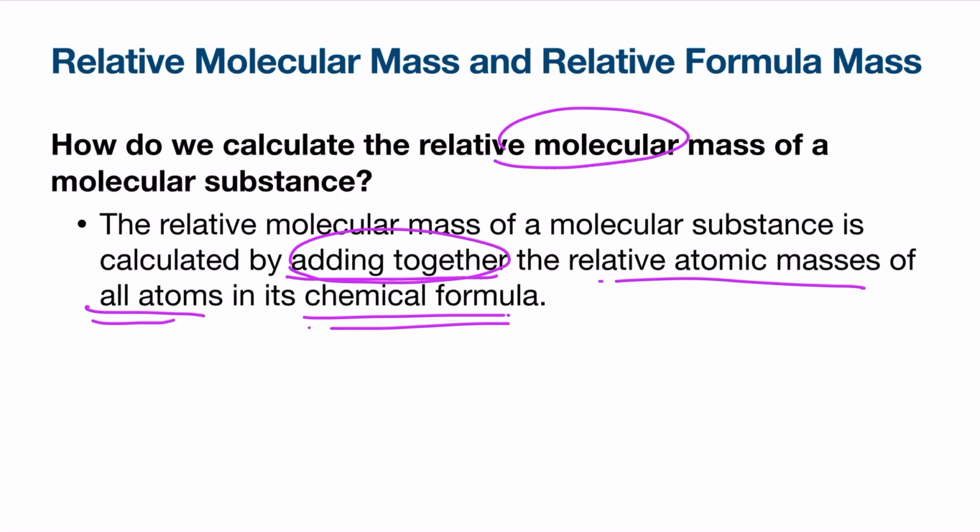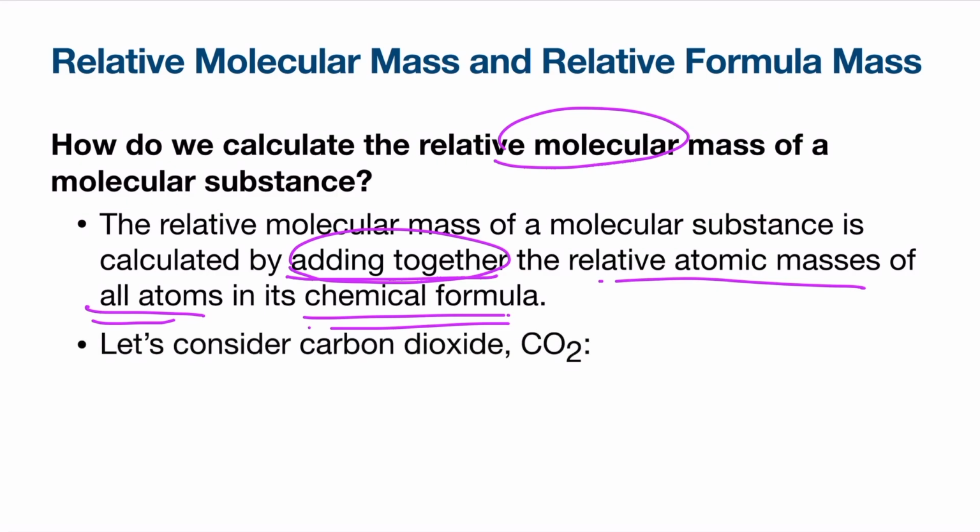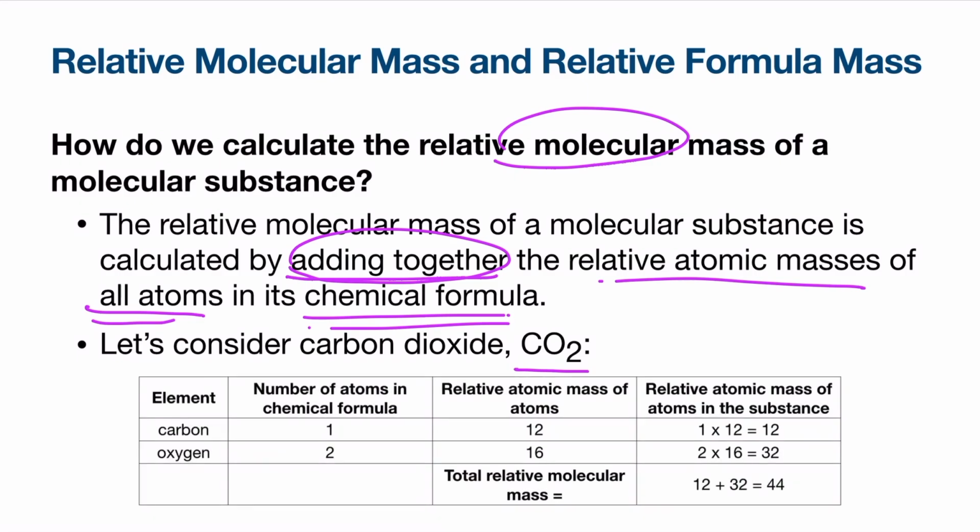Now let's try to consider carbon dioxide, which has a formula of CO2. As we can see in this chemical formula of carbon dioxide, it has two types of elements. The C stands for carbon and O stands for oxygen.